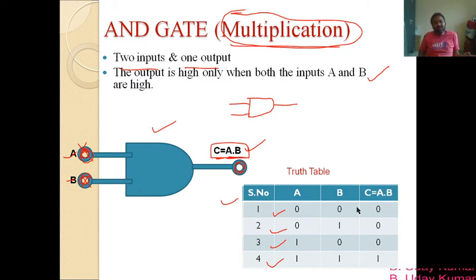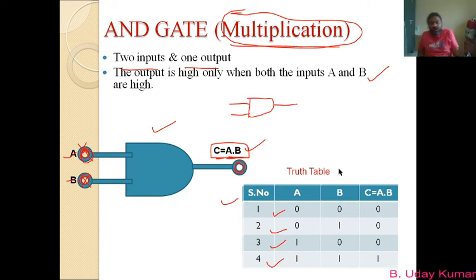Now you can define it in another way also. So how can you define? For example, if you observe these zeros, you are getting 0 if any one or both the input terminals are 0, right? So based on this table, you can write the other definition also, which I have not written here.